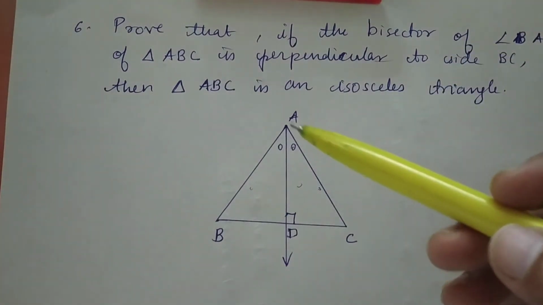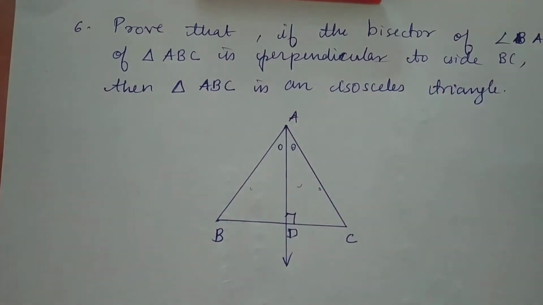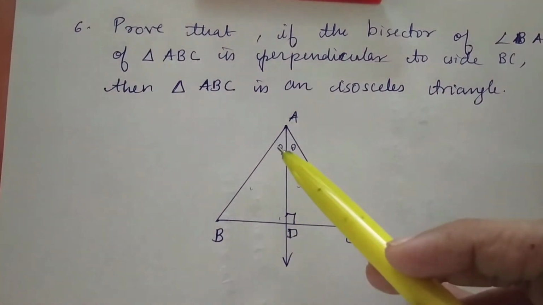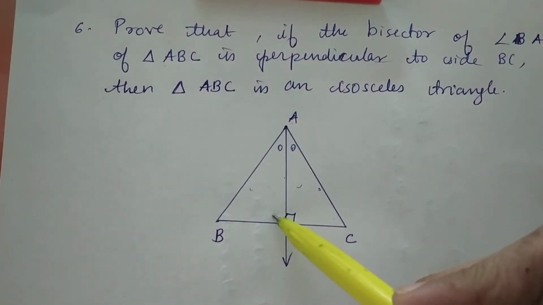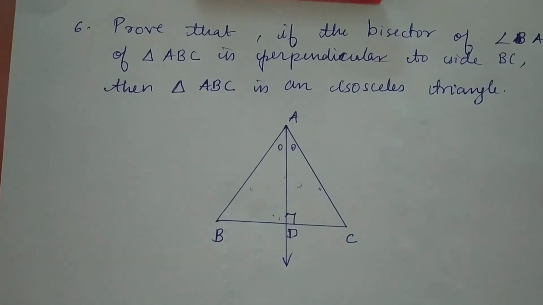Secondly, AD is congruent to AD. This is a common side to both the triangles. And third, we show this is perpendicular. So this is 90 degrees and this is also 90 degrees. So we have angle, side and angle congruent here, and therefore these two triangles will be congruent by ASA test.